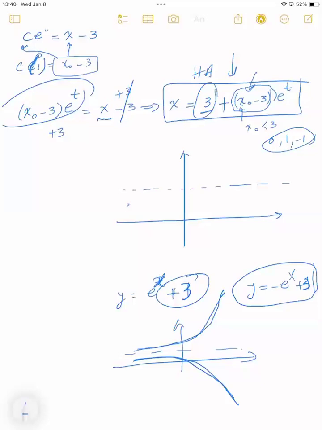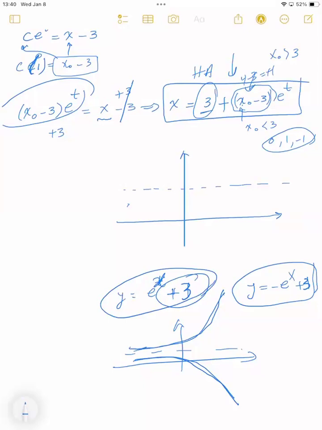So if I put numbers x0 is greater than 3, such as 4, 5, 6, if I put 4, 4 minus 3 is positive, so I get this kind of graph.